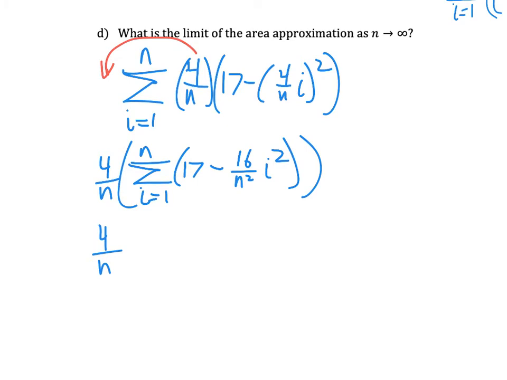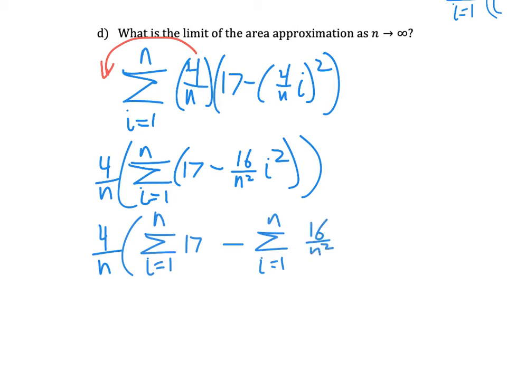So we've seen that this is going to be equal to the sum of i equals 1 to n of 17 minus the sum of i equals 1 to n of 16 over n squared times i squared.